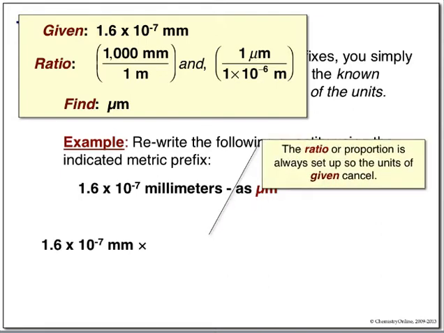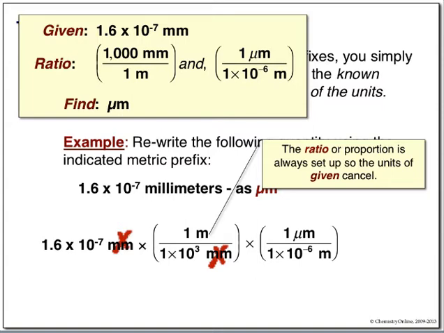Our first ratio, we're going to have to invert to put millimeter in the denominator. Millimeters cancel, and the units of our given are now meter. So our second ratio must have meter in the denominator. Meters cancel, and we're left with micrometers.